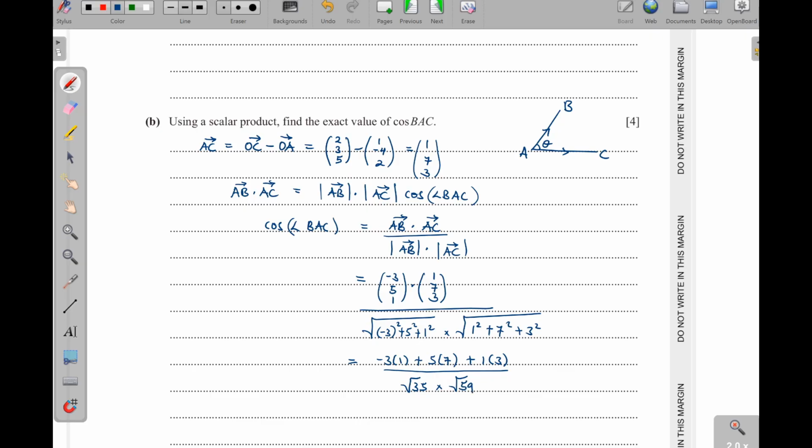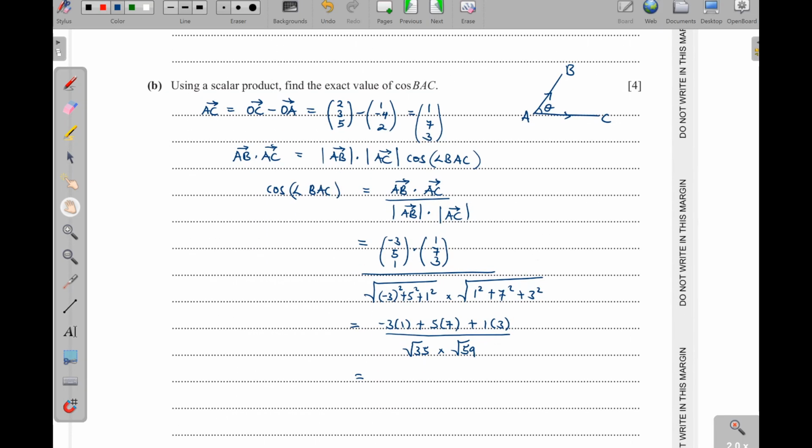59. So, this implies that what we have here, 35 minus 3, that is 32, then plus 3, that is 35. We have 35 out of root of 35, then times root of 59. Now, this is 35 to the power of 1, out of 35 to the power of a half.